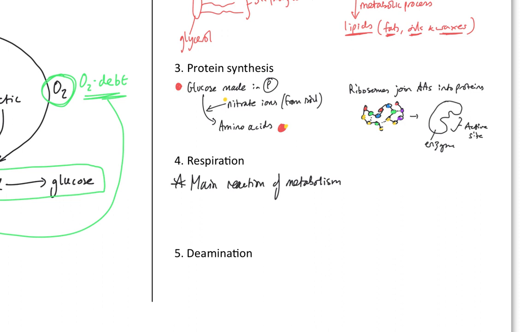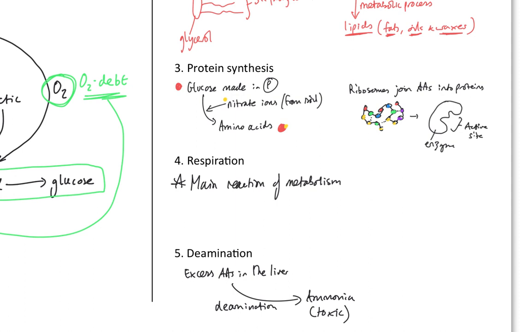And then finally, deamination. I've got excess amino acids. So we've got excess amino acids in the liver. They've been delivered to it in the blood, and we convert them into ammonia. Toxic. That's toxic. That process is called deamination.